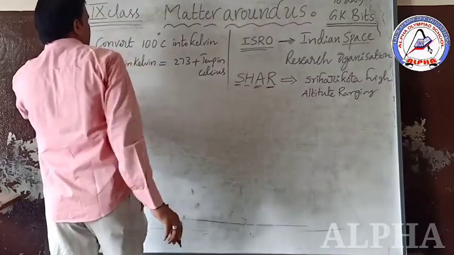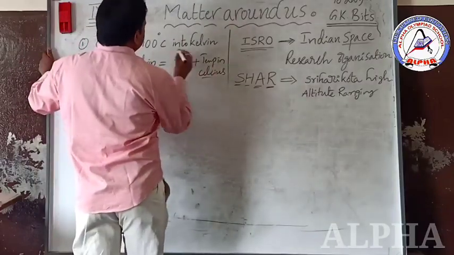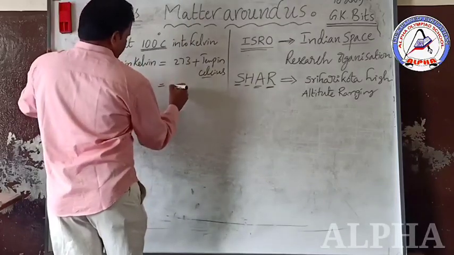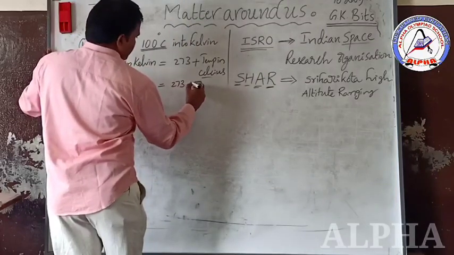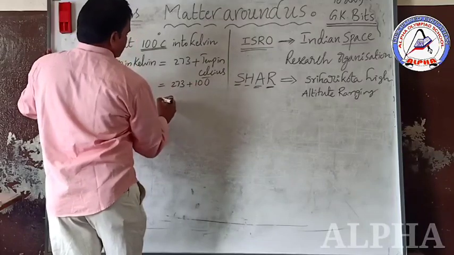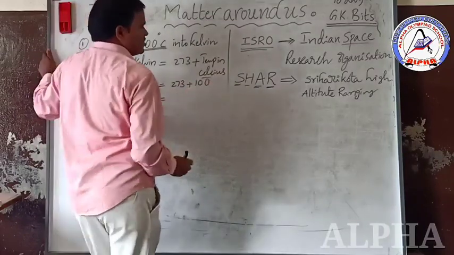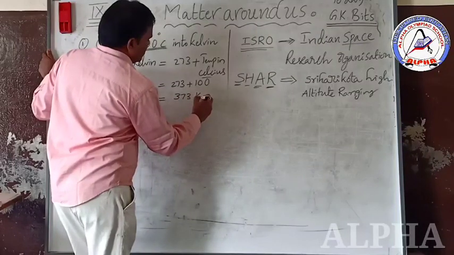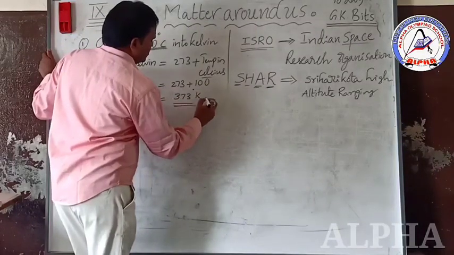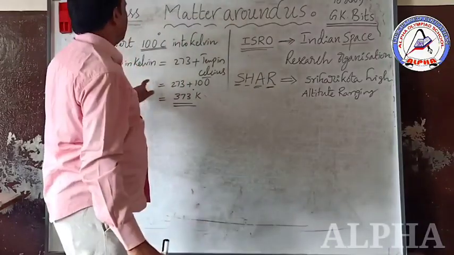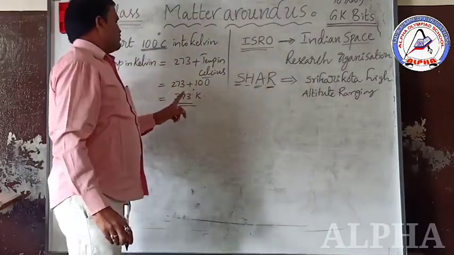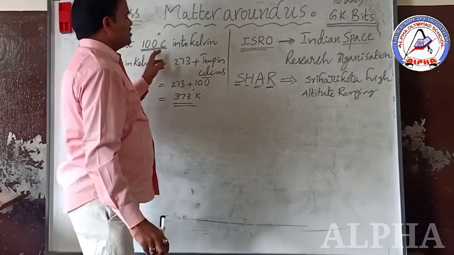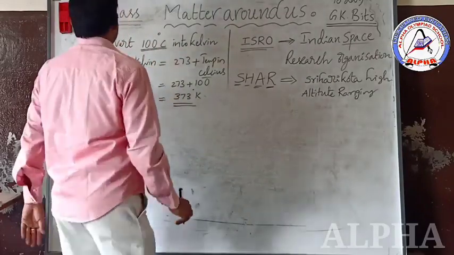Here the temperature in Celsius given is 100 degrees centigrade, so 273 plus 100 gives 373 degrees Kelvin. This is the process of converting centigrade into Kelvin.